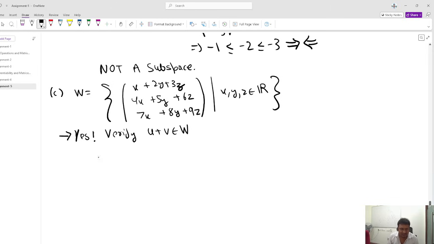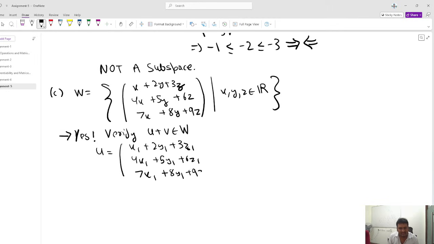If you have u, say it is (x1 + 2y1 + 3z1, 4x1 + 5y1 + 6z1, 7x1 + 8y1 + 9z1). Arbitrary constants may differ, right?